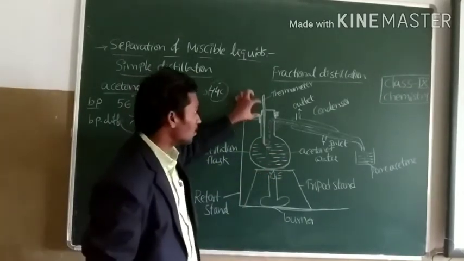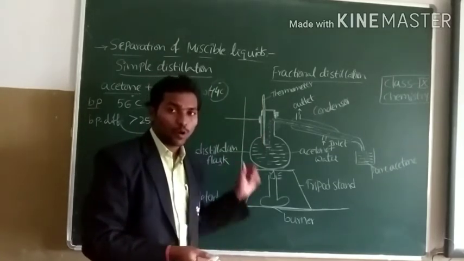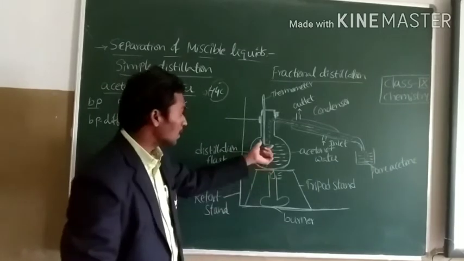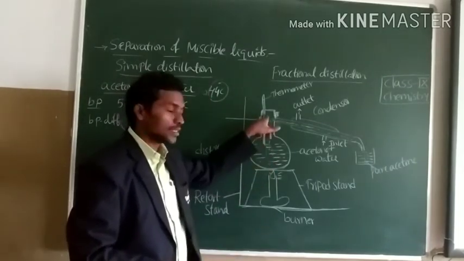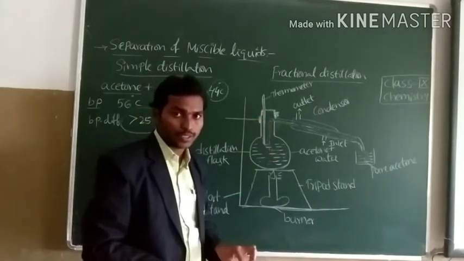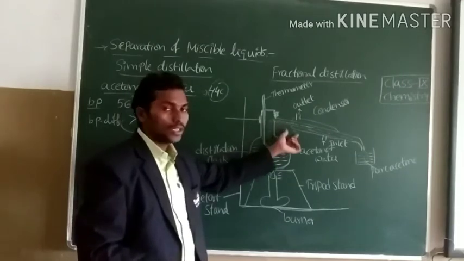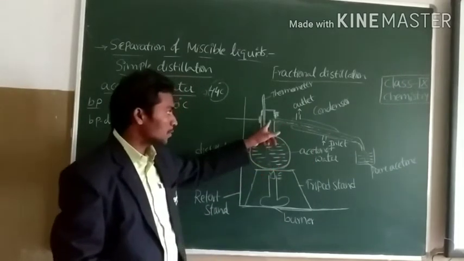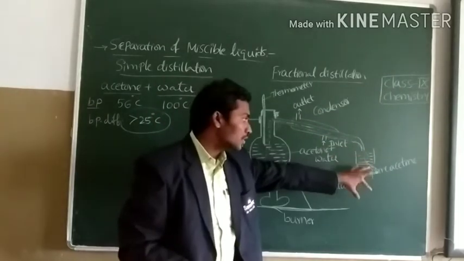We have placed a thermometer in the distillation flask to notice the boiling point temperature of the liquids in the mixture. When the temperature of the liquid reaches 56 degrees Celsius, we notice that vapors are present in the distillation flask. These vapors pass through the condenser and change into the liquid state.